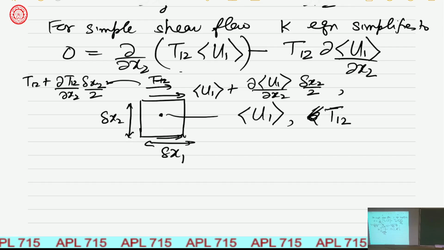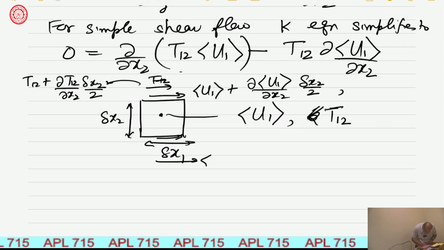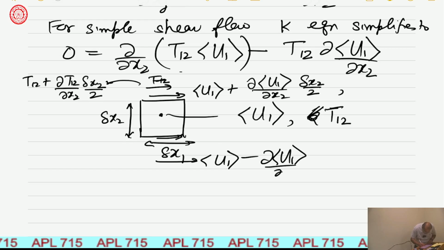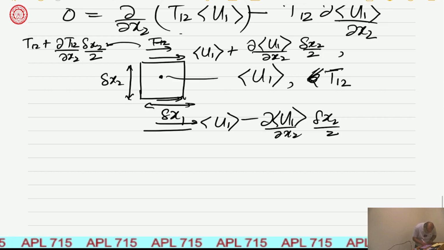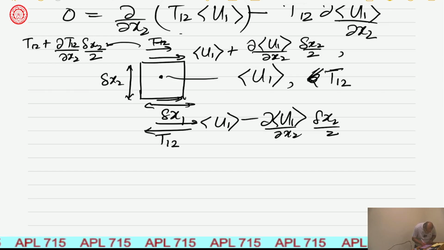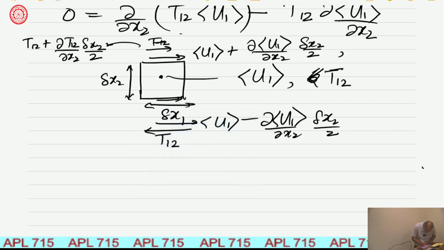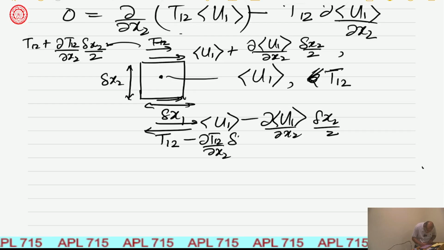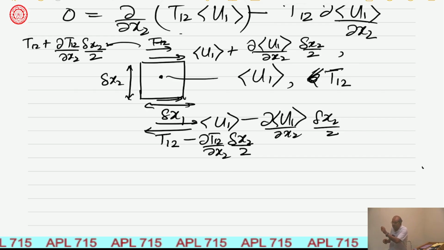So on this face, we have mean of u1 minus partial u1 by partial x2 delta x2 by 2, and the shear stress which is t12 will be t12 minus partial t12 by partial x2 delta x2 by 2. This is the shear stress.